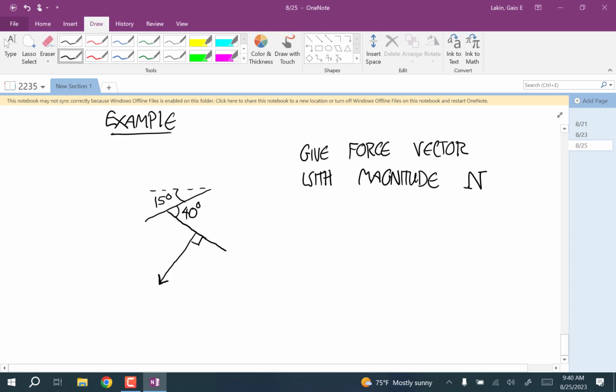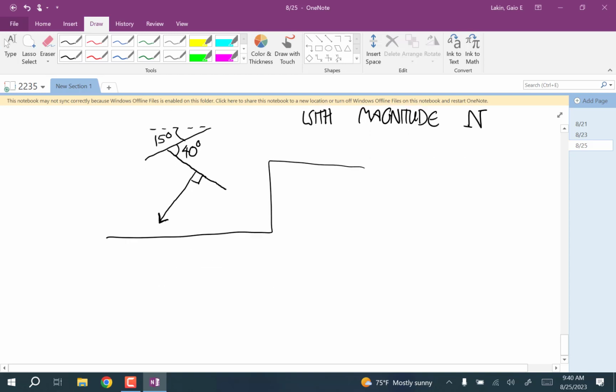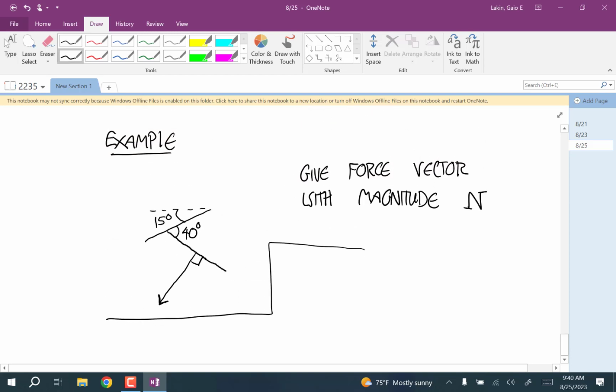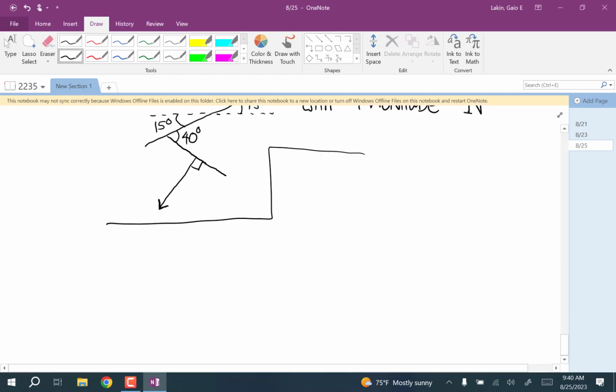So there are always multiple ways to think about these, but I'm going to think about this first one. Remember, this is like an SAT type thing. I forget what they call these, opposite angles or something like that, vertical angles. This is also 15 degrees. Yes. So here's my coordinate system.